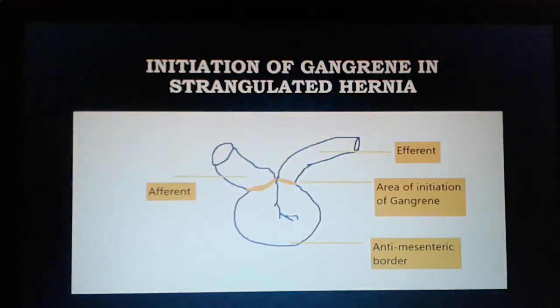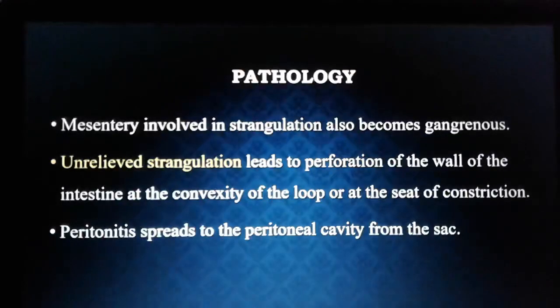Still unrelieved strangulation, no surgical intervention due to any cause, will lead to perforation of the bowel wall, either at the convexity of the loop, that is the antimesenteric border, or at the seat of constriction, where the tight ring is there leading to strangulation.